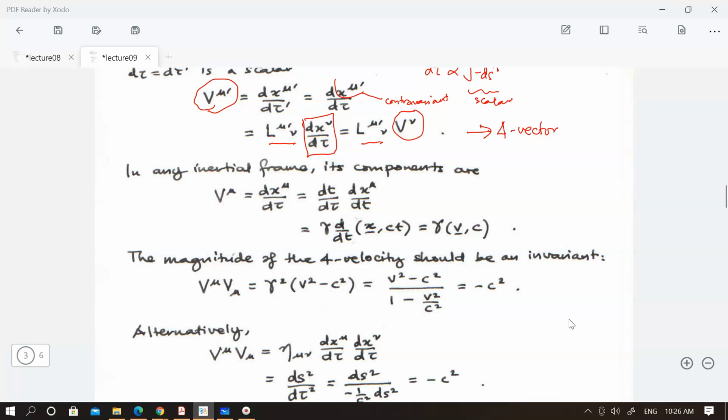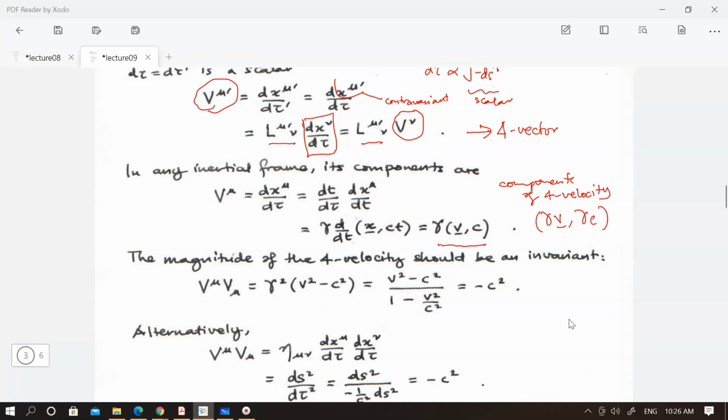Taking the derivative of x will give you the ordinary velocity v, and ct differentiated with respect to t is just c. So in other words, these are the components of your 4 velocity v mu. The components of the 4 velocity are, remember, not just v, but gamma v, gamma c.